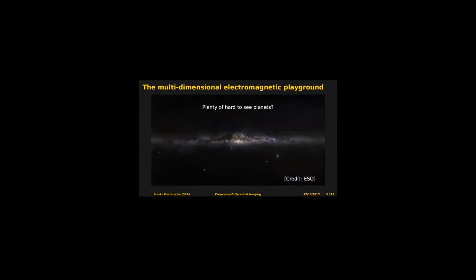You have to keep in mind that the playground is actually very big, a multidimensional parameter space that we're going to look at. We've talked earlier about things like polarization, spectroscopy, time series, and here we're mostly going to focus on the spatial separation of the planets from their host star.